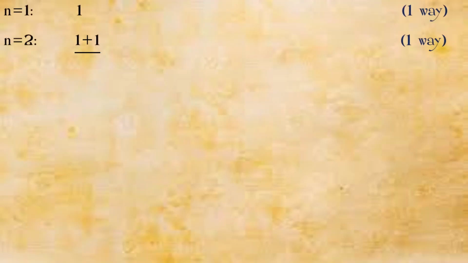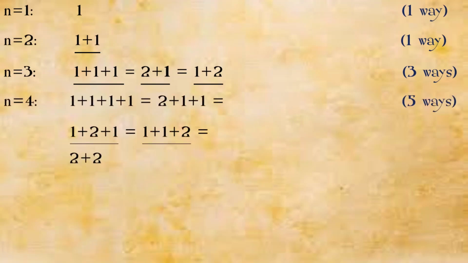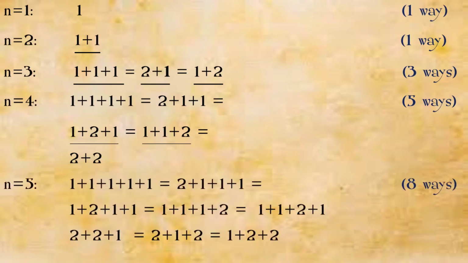If n is equal to 2, there will be two ways, that is 1 plus 1 and 2. If n is equal to 3, there are 3 ways: 1 plus 1 plus 1, another 2 plus 1, another 1 plus 2. If n is equal to 4, there are 5 ways, as you can see on the screen: 1 plus 1 plus 1 plus 1, 2 plus 1 plus 1, 1 plus 2 plus 1, 1 plus 1 plus 2, 2 plus 2. Similarly, if n is equal to 5, there are 8 ways.